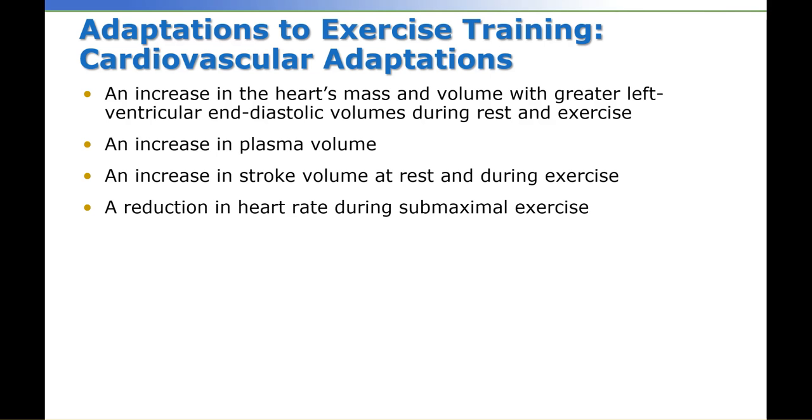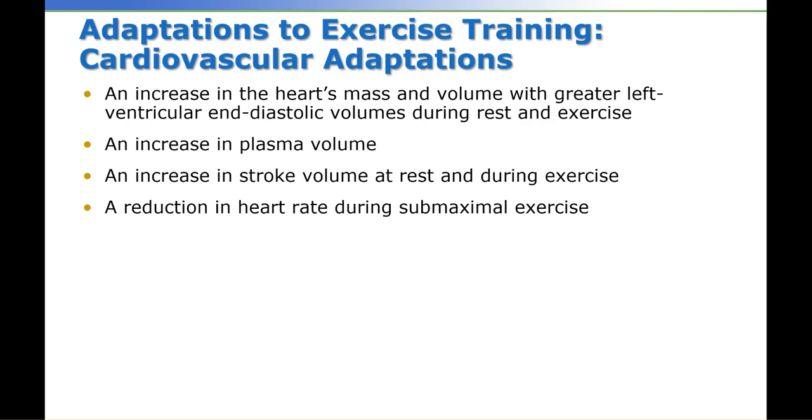An increased heart mass and volume, greater left ventricular end-diastolic volumes during rest and exercise. So this makes sense because you have left ventricular increases, and that makes sense because of your heart size.